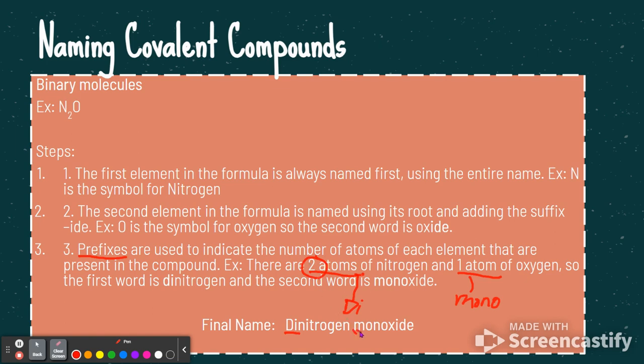And in front of oxide, I put mono to represent the 1. Okay, and it's literally as easy as it sounds. Now, be careful, because a lot of students, once we introduce prefixes, they want to stick a prefix on everything, and we cannot do that. So this is literally just covalent. Okay, all right, let me go ahead and clear screen.